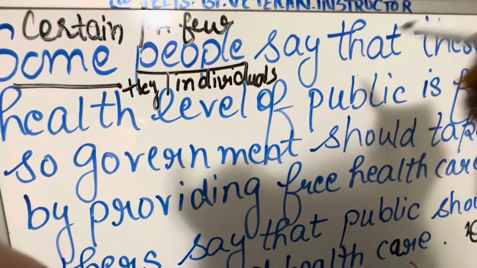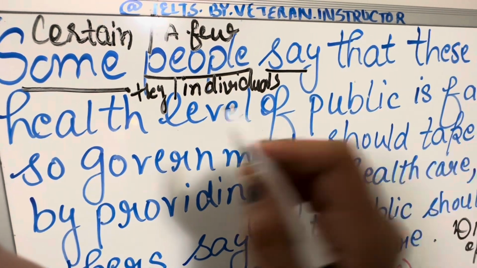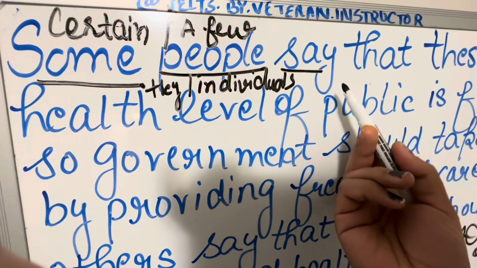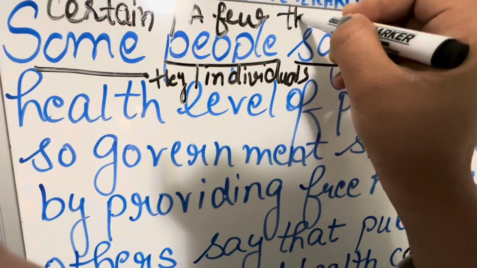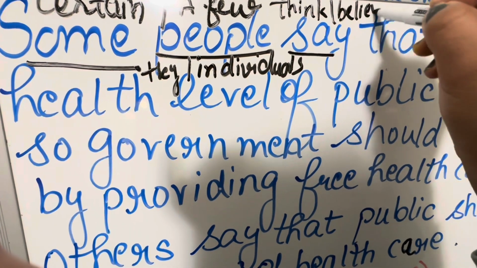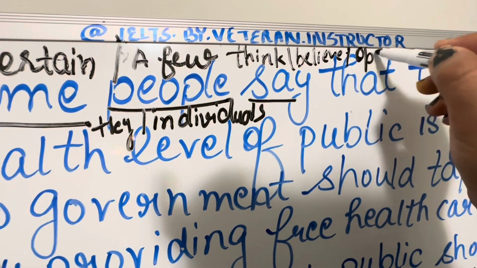Pronoun you can use. To say, we can write, I will make a separate video for these common words which we often come across in different essays, like say and some and many others. So to say, I can tell you two or three: think, believe. I hope it's getting clear to you and not getting messy.